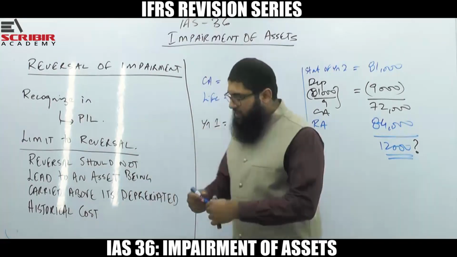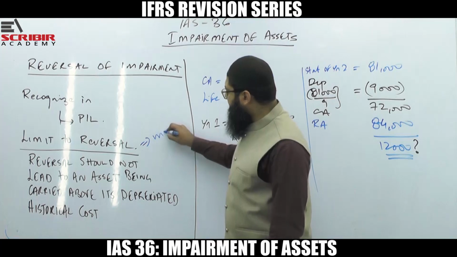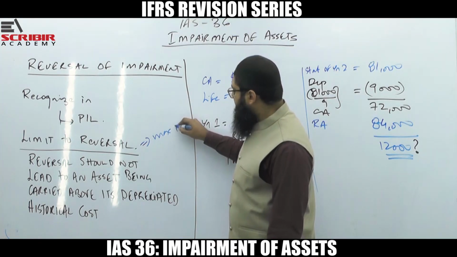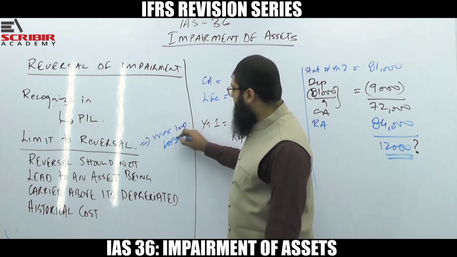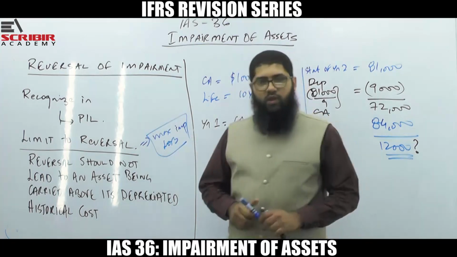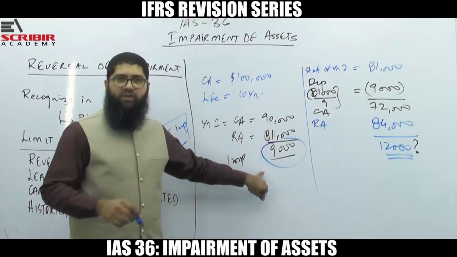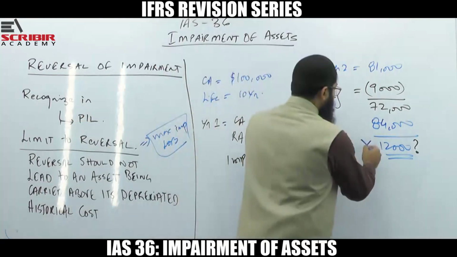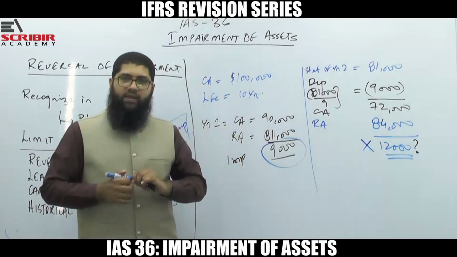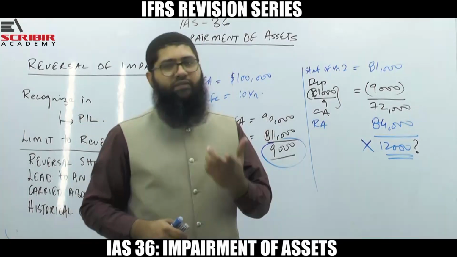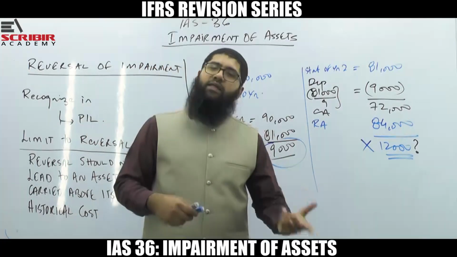Yes, obviously. First thing is, it should not exceed the impairment loss that was previously recognized. If you had recognized 9,000 as an impairment loss previously, you cannot recognize a gain of 12,000.